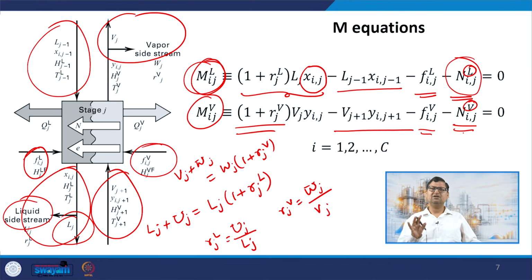For the time being I am keeping it Nijv and Nijl, but keep in mind that they are related to each other, because whatever mass transfer is happening from here to there, the negative of that is happening in the other phase. There are only two phases there. So, mass transfer is only happening between these two phases.